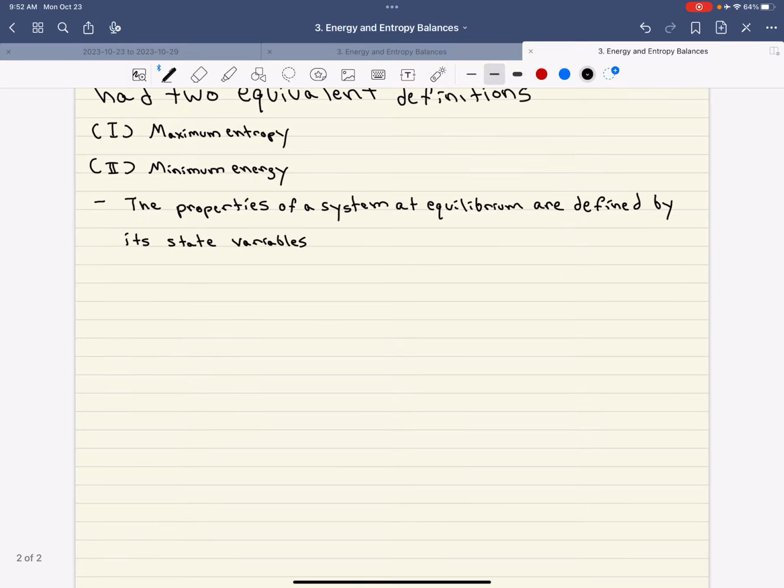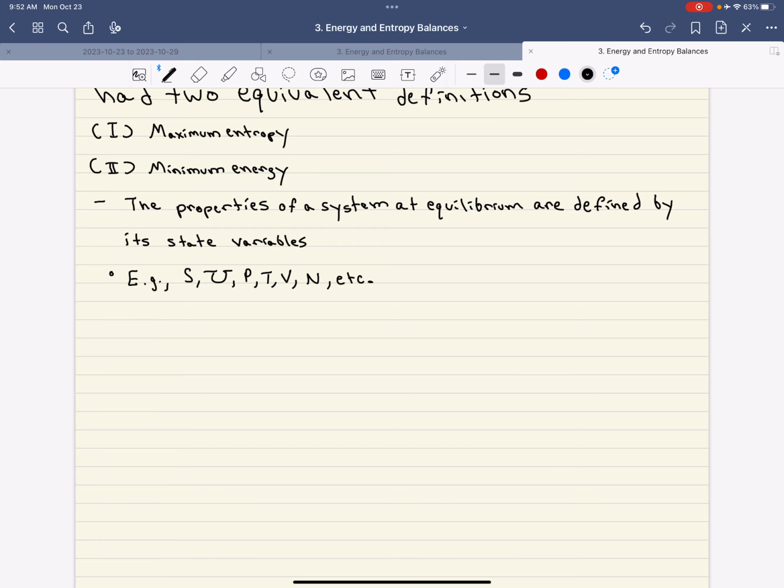Some examples of this would include entropy, internal energy, pressure, temperature, volume, number of molecules, and other sorts of things.